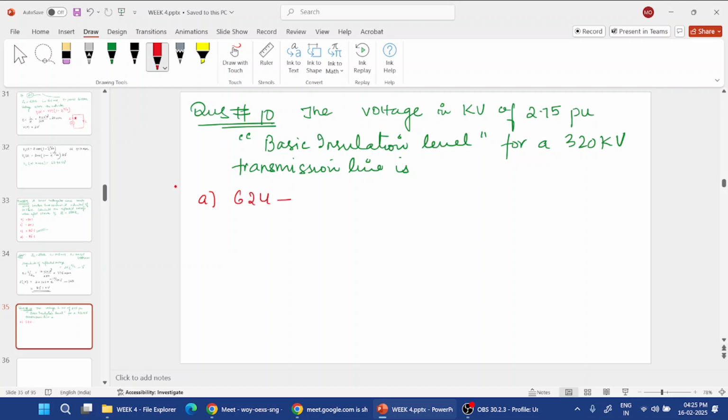The options are A 627 to 630, B 651 to 654, C 680 to 682, D 717 to 720. So give me the correct answer of this question.